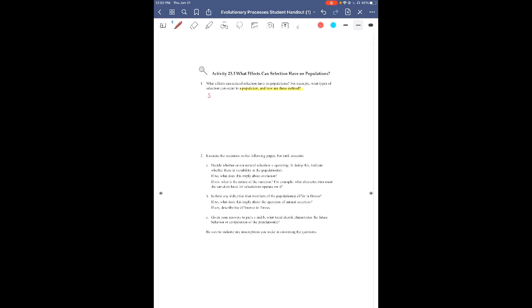Okay, so selection can be either directional, stabilizing, or disruptive.